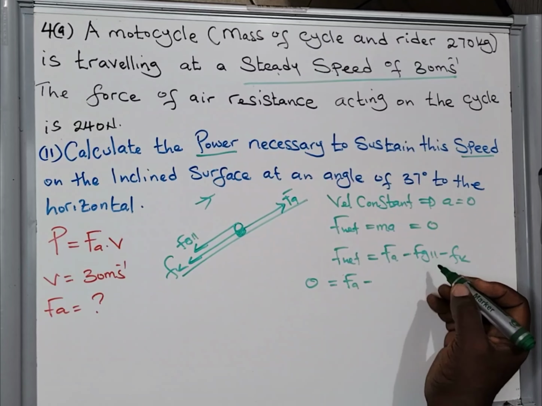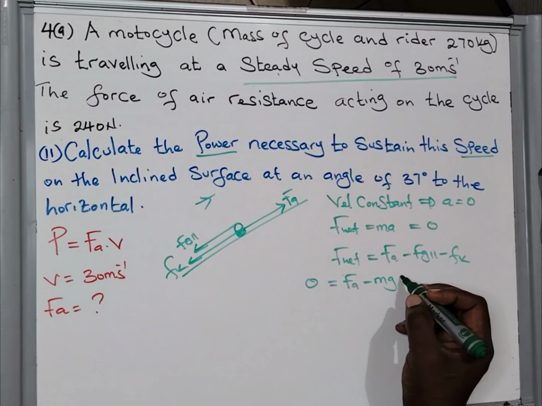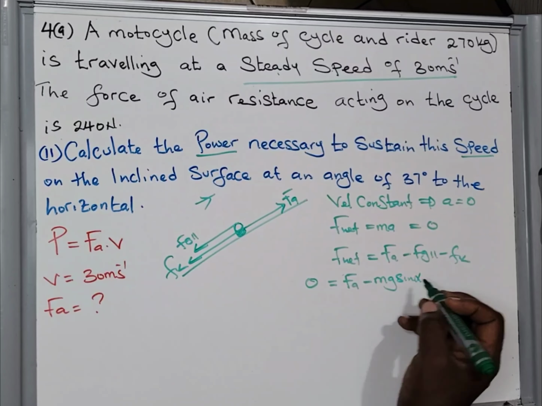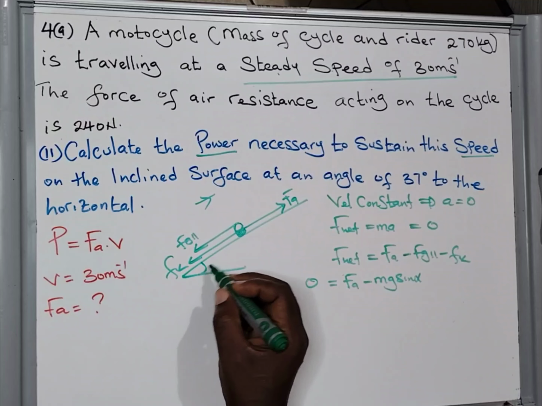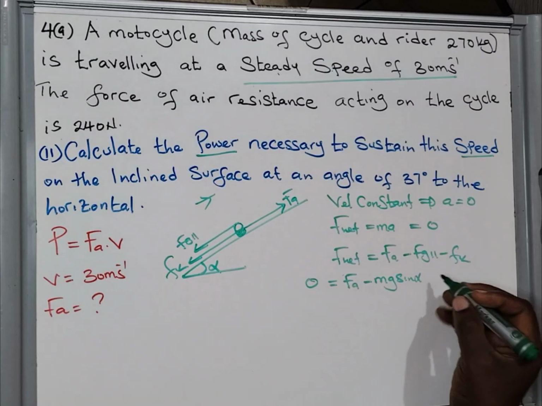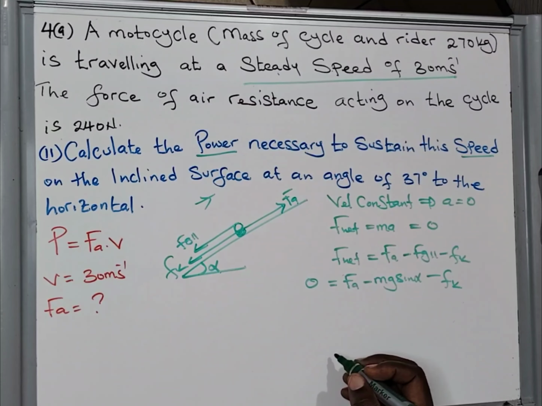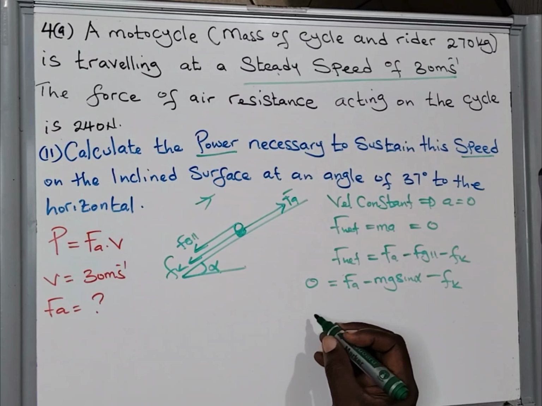We know that Fg parallel is mg sine alpha, on the assumption that the angle of inclination is alpha, then minus Fk, or resistive forces. So if you substitute in this, what do we get?